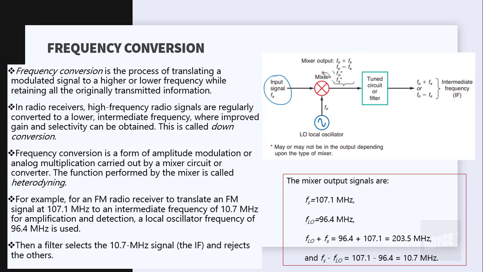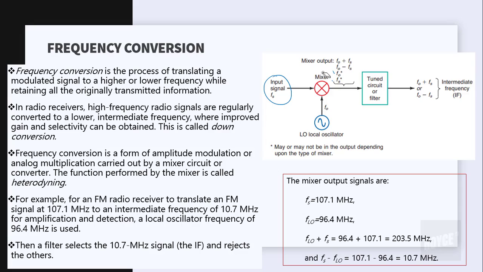Kung sa AM broadcasting, our intermediate frequency is 455 kHz. If we are in our FM broadcasting, the standard yan that is already set, so hindi ka pwede magbago dyan, is 10.7 MHz.